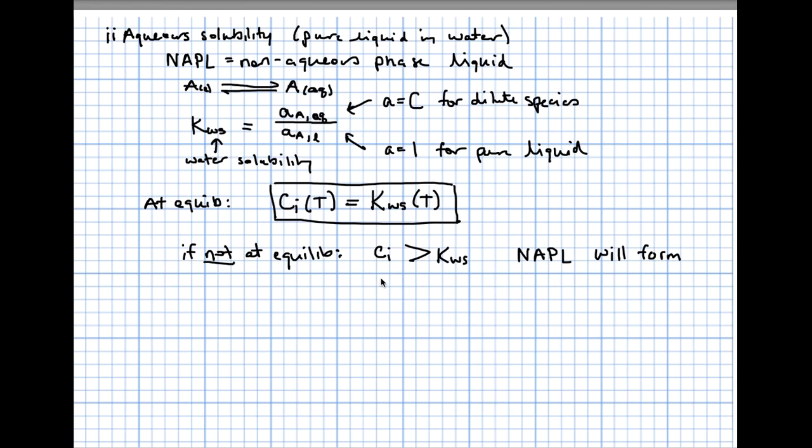And the other condition could be that you find the concentration of the compound is lower than the aqueous solubility, but it's not at equilibrium, and if there's a NAPL present, then some of that NAPL will dissolve until equilibrium is reached. So that's extremely helpful for understanding the fate of compounds in the environment. If a compound is spilled and so the NAPL is present, the compound will dissolve into the water until the water solubility limit is reached.